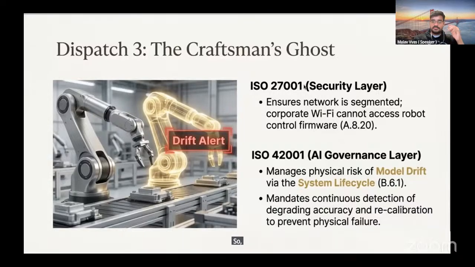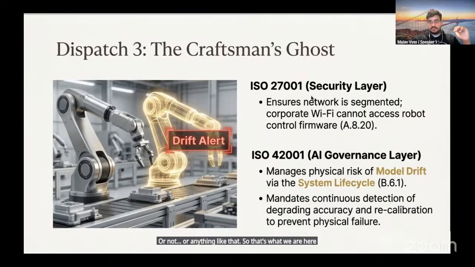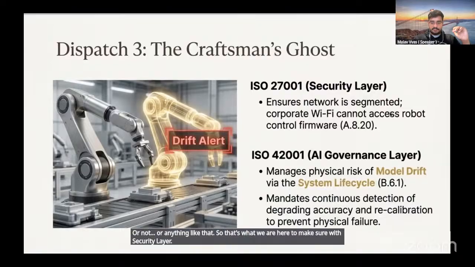So through 27001, we ensure that the network is segmented, right? We make sure that corporate Wi-Fi is not getting access to the firmware of the robotic arm. No attacker is getting inside the robotic arm, making it spin or not, or anything like that. So that's what we are here to make sure of with the security layer.